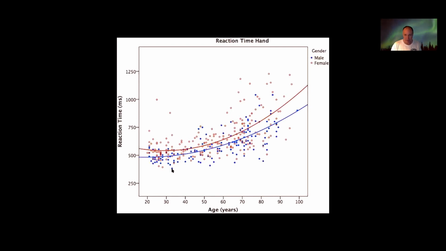But then ladies, look at that. The second best score is a late 20s woman. And then we have the male regression line, progression line, I suppose you would call it.